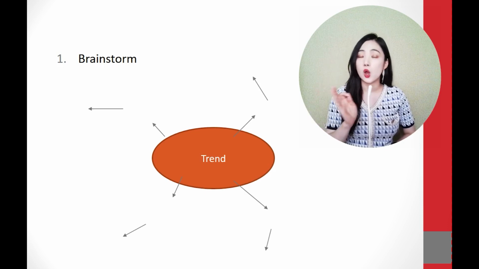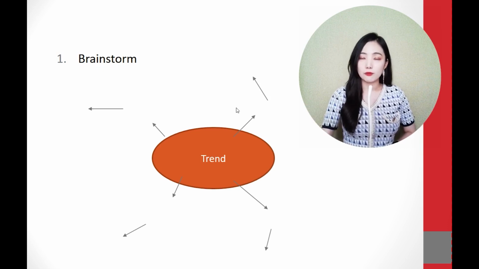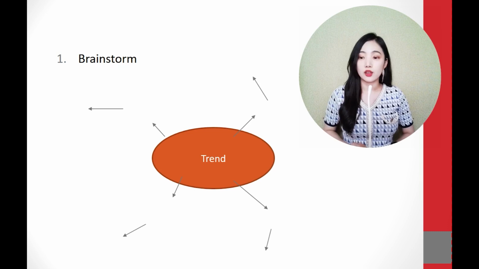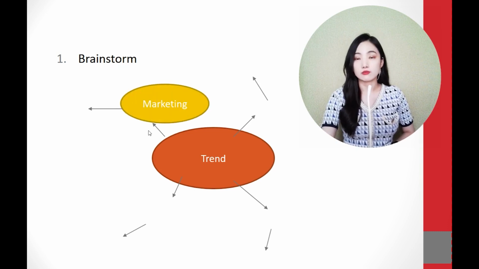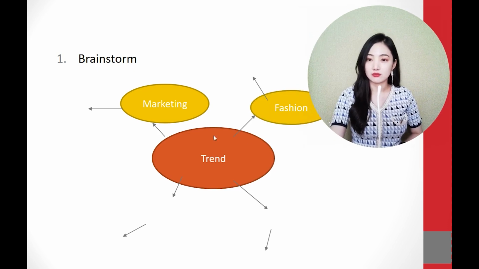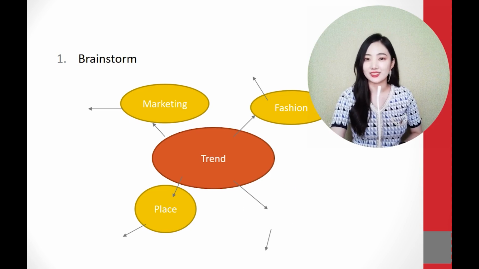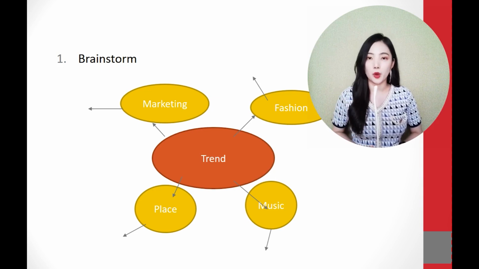I just write whatever comes to my mind, that pops into my mind. So if you hear the word trend, what can you think of? Maybe I can think of marketing. Oh, fashion. What else? Oh, place. Maybe popular places. Maybe music too. Okay, so those are the things that come up for me.